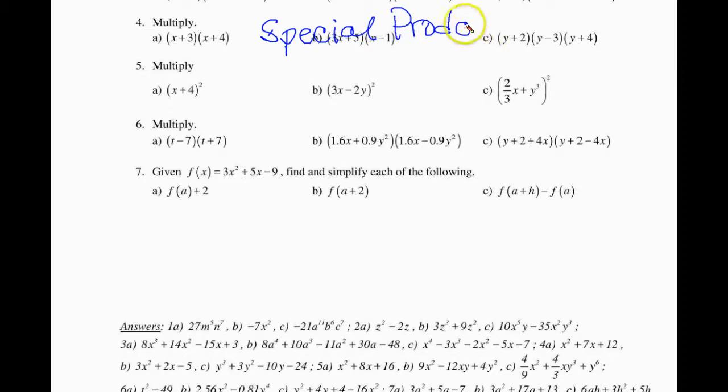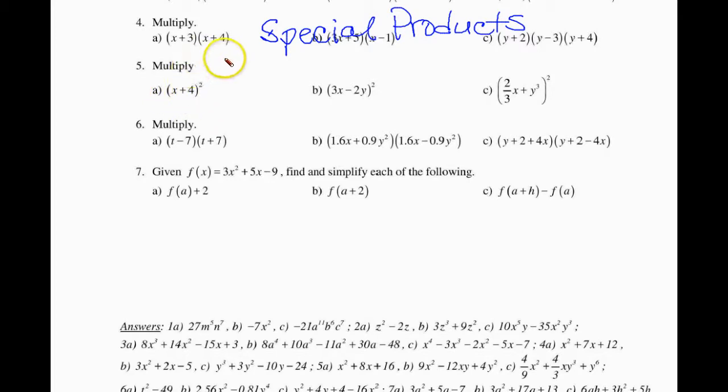Now in special products, we use kind of like special ways. And here what we're doing is we are squaring a binomial.